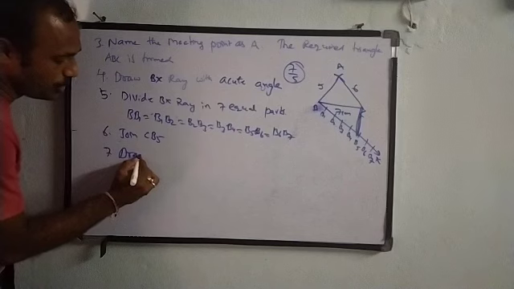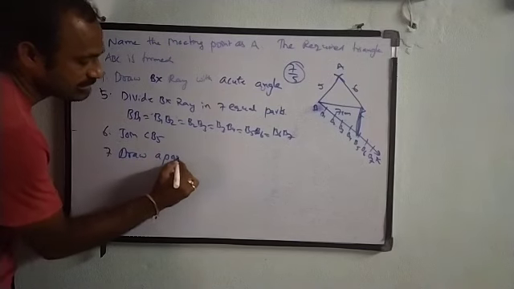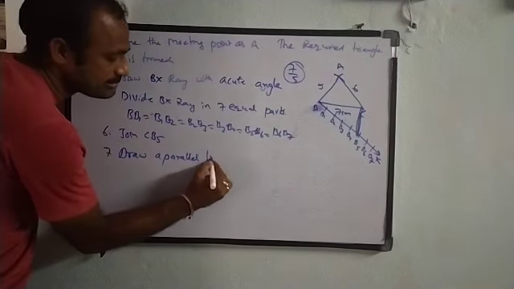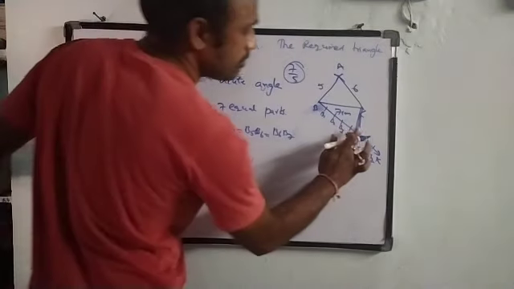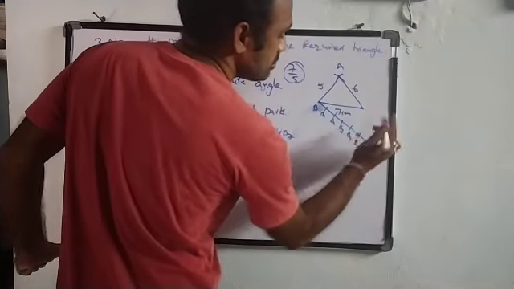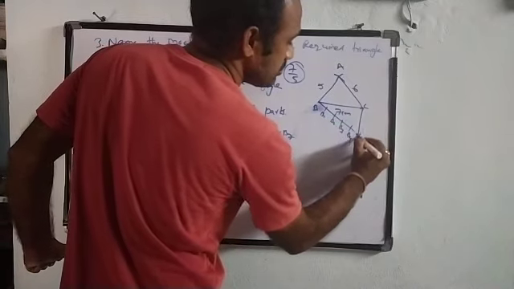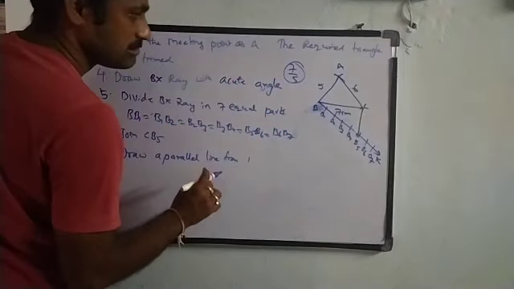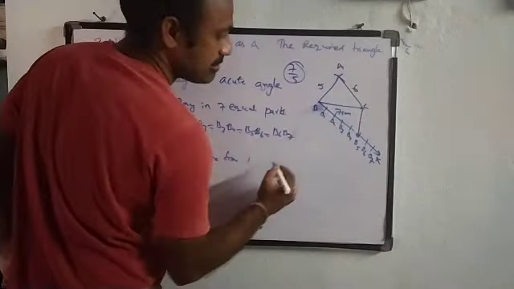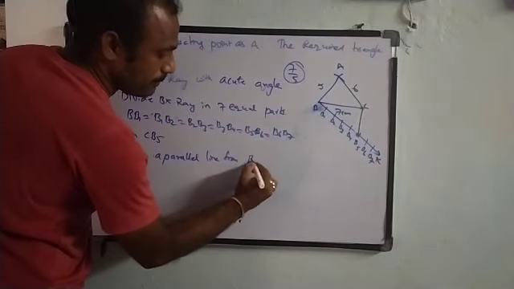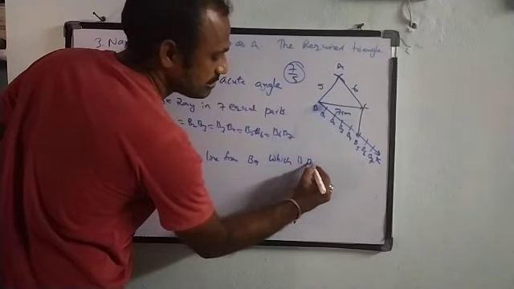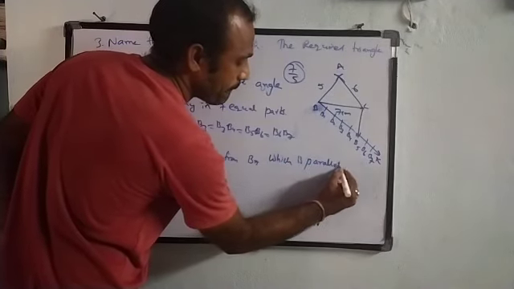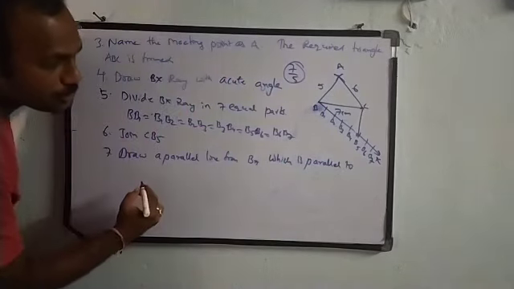Seventh point is to draw a parallel line from B7 which is parallel to CB5.